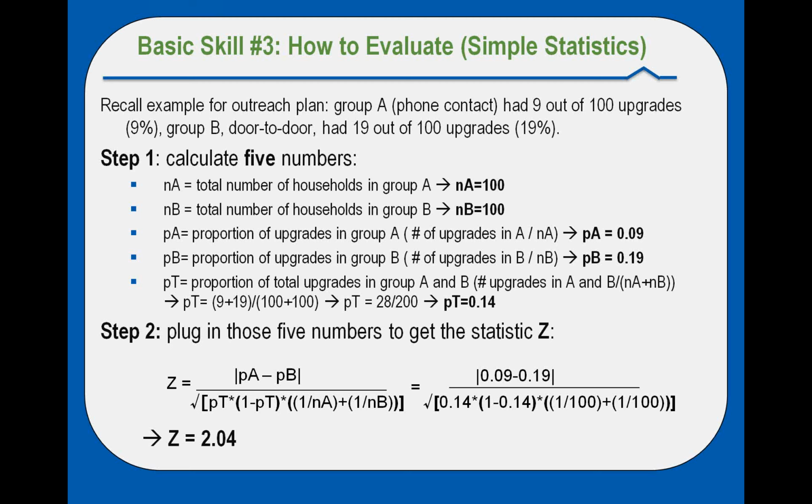The top portion, PA minus PB, is what you think the difference between those two groups is going to be. So maybe that's 5%, or maybe you think it's 50%. Then you can plug in NA and NB, the number of people in group A and the number of people in group B, and play around with it yourself and come up with a number that you feel comfortable with.